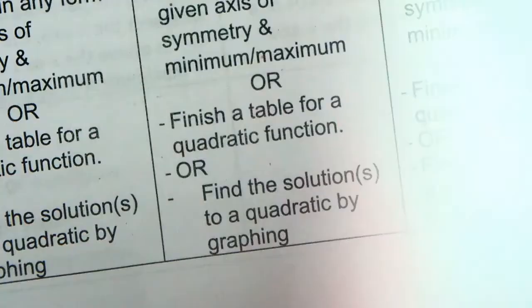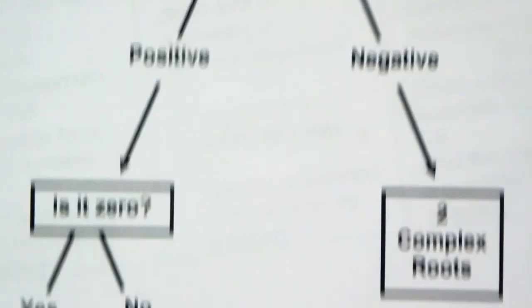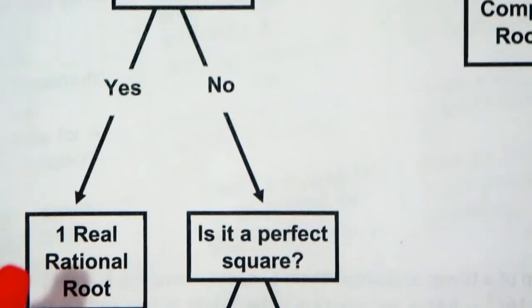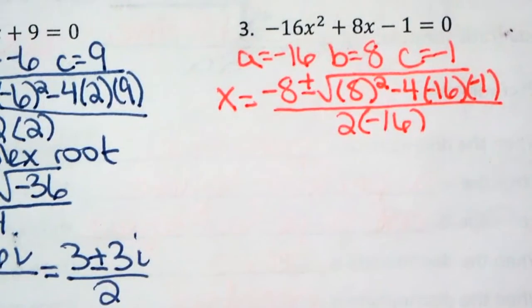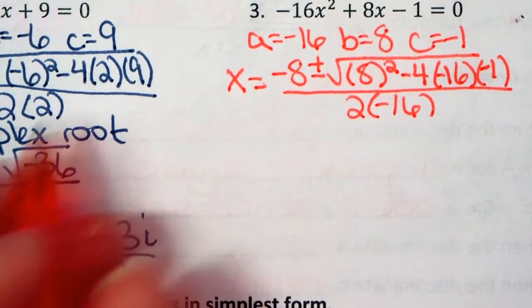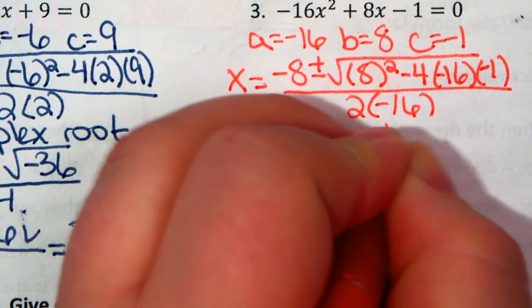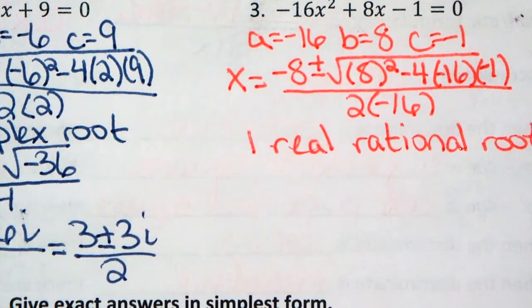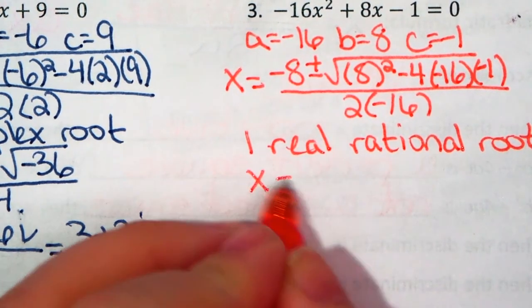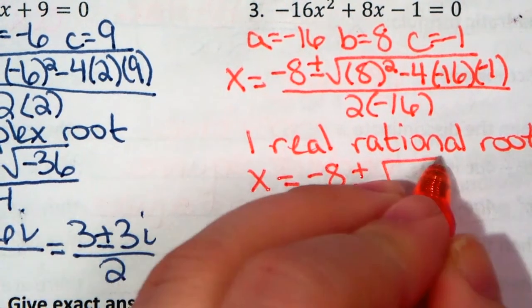That means, following along on this chart, the sign of the discriminant is not positive. It is 0, which means we're going to have 1 real rational root. So we'll have x equals negative 8 plus or minus the square root.